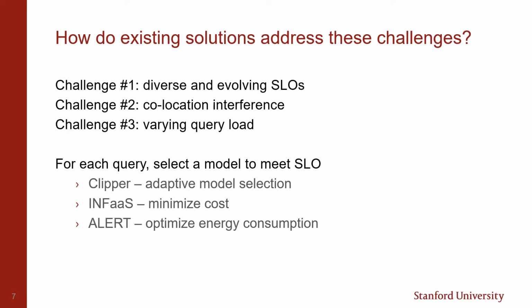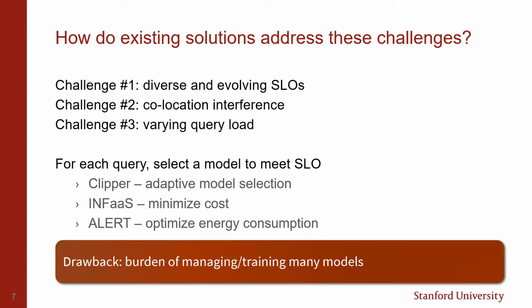Clipper proposed adaptive model selection, while InFaaS expanded on the notion of adaptive model selection to minimize cost, while Alert expanded adaptive model selection to optimize energy consumption. The drawback of these approaches is that these systems are burdened by managing and training many models.